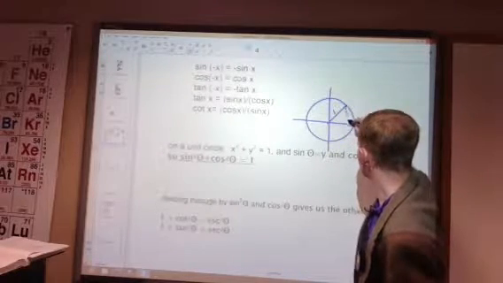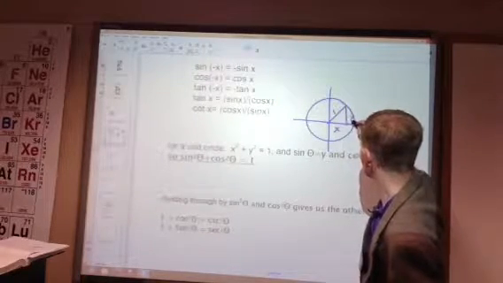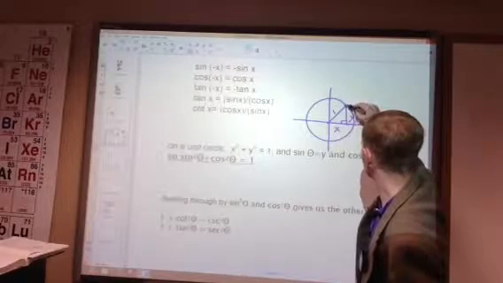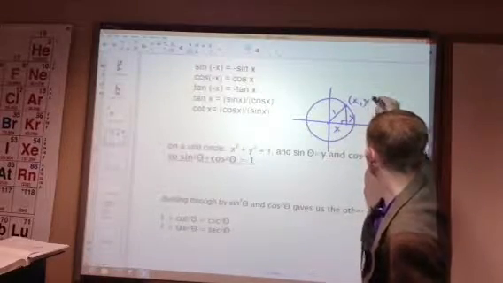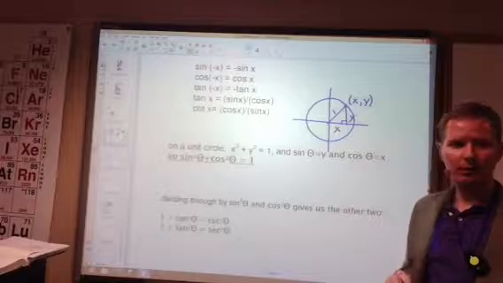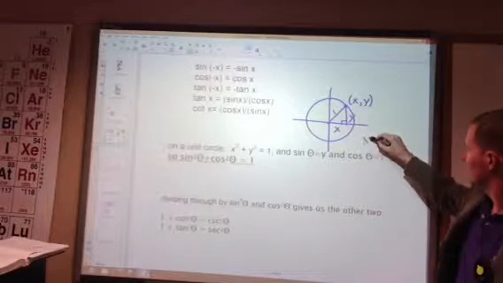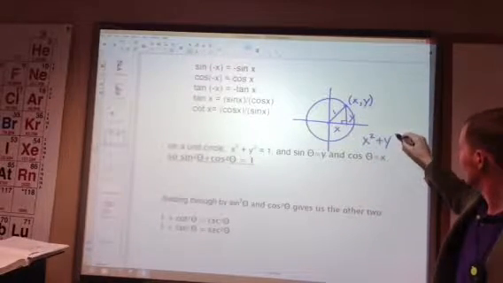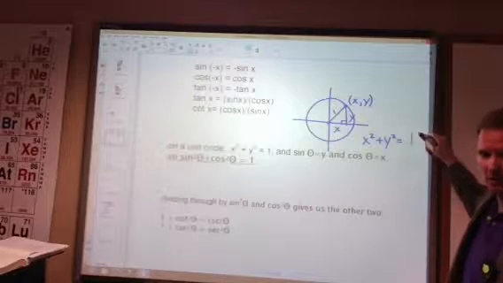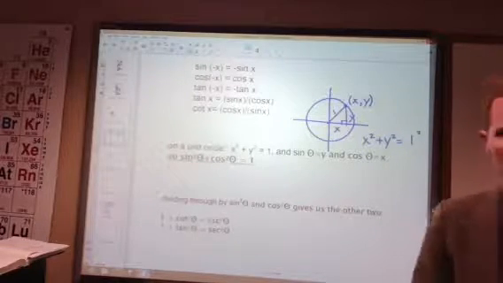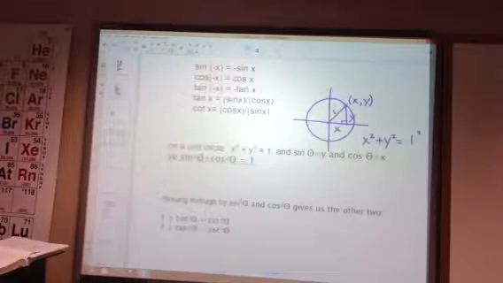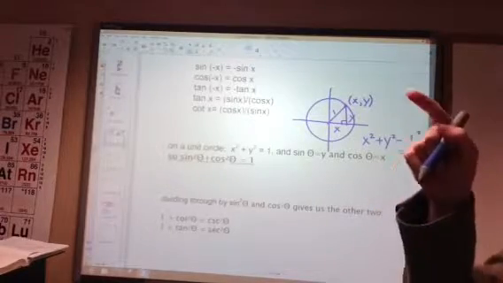And I've got some distance x and some distance y, and this point up here is x and y. Now, the Pythagorean theorem would say what? That x squared plus y squared equals the radius squared, 1 squared. And what is 1 squared? 1.